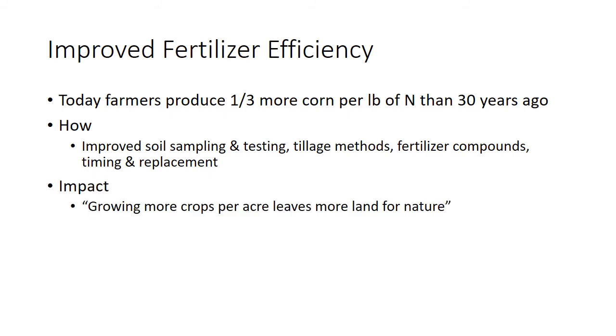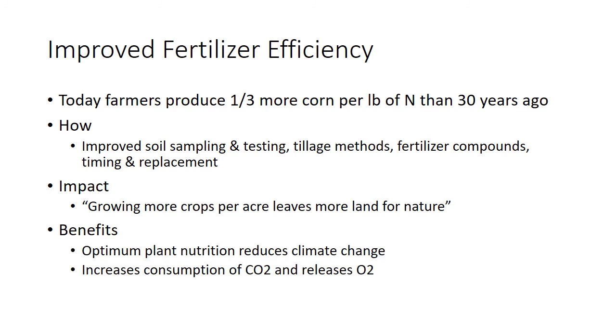And the impact is if we can grow more crops per acre, that will leave more land for nature. So we can have less of an environmental impact if we can maintain our level of production on the same amount of land without having to expand our acreage of land that's used for agriculture. So that's the idea behind that quote.